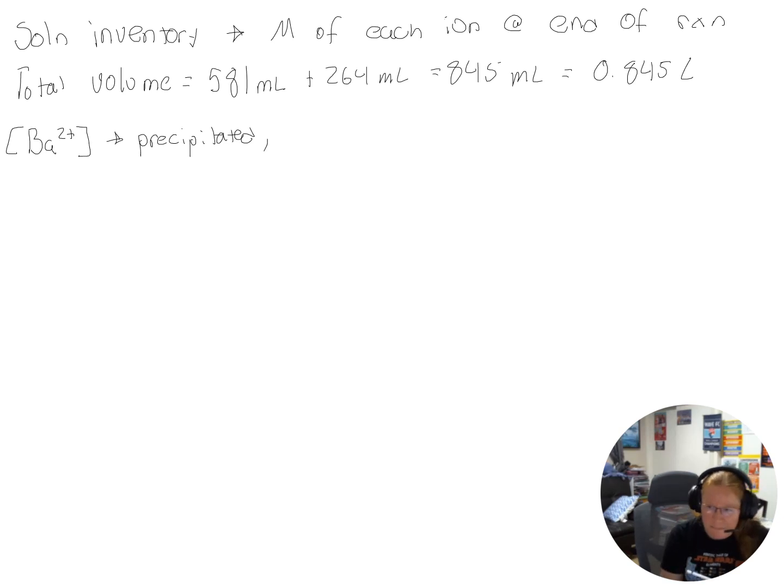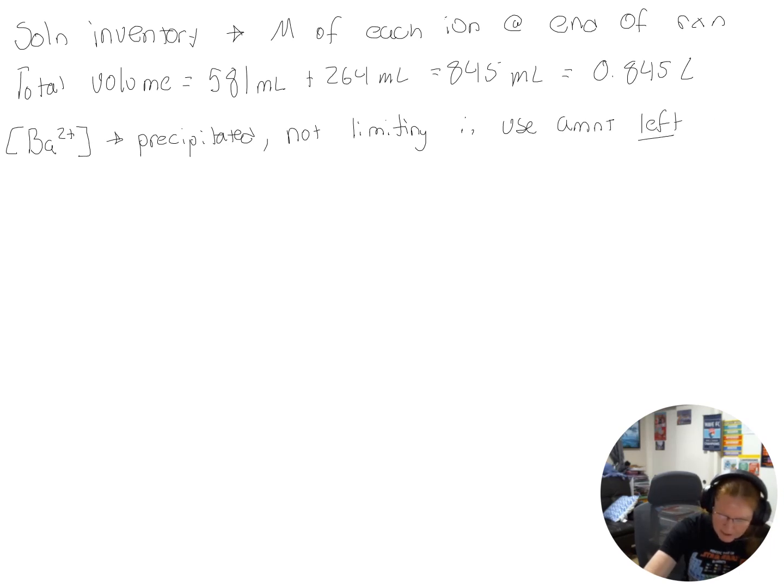Remember, we had potassium sulfate, so our sulfate ion was limiting. So it's precipitated, it was not limiting. So therefore, I'm going to use the amount left at end of reaction.